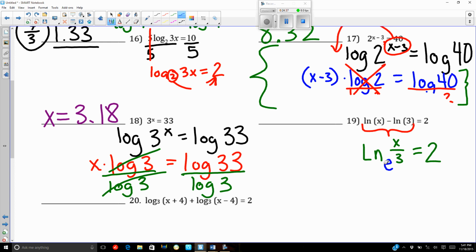So now that we've got it converted to one logarithm, now convert it to exponential function form. An exponential function form would just be e to the second power equals x divided by 3. Type in e to the second power in your calculator. So e to the second power, rounded to the nearest 100th, is 7.39.